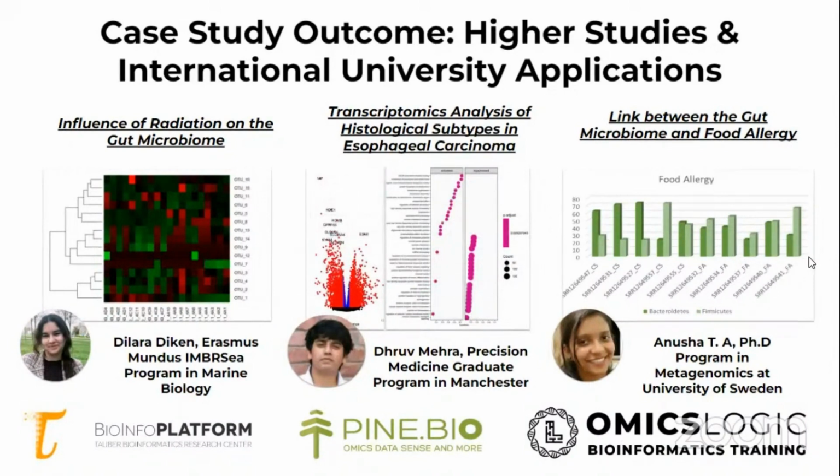For example, Dilara Taikin got accepted to the Erasmus IMBRC program in marine biology. Then we had Dhruv Mehra, who is a precision medicine graduate student at Manchester, and Anusha TA, who got accepted to the PhD program in metagenomics at the University of Sweden.